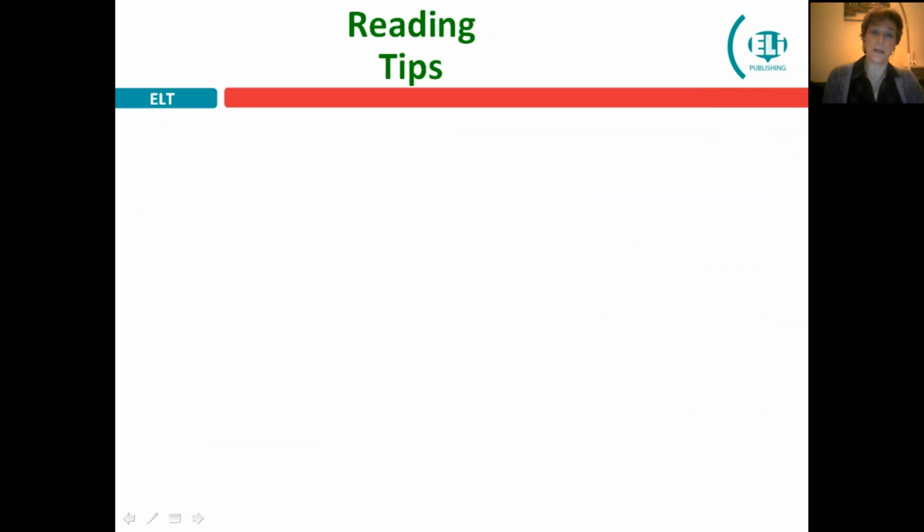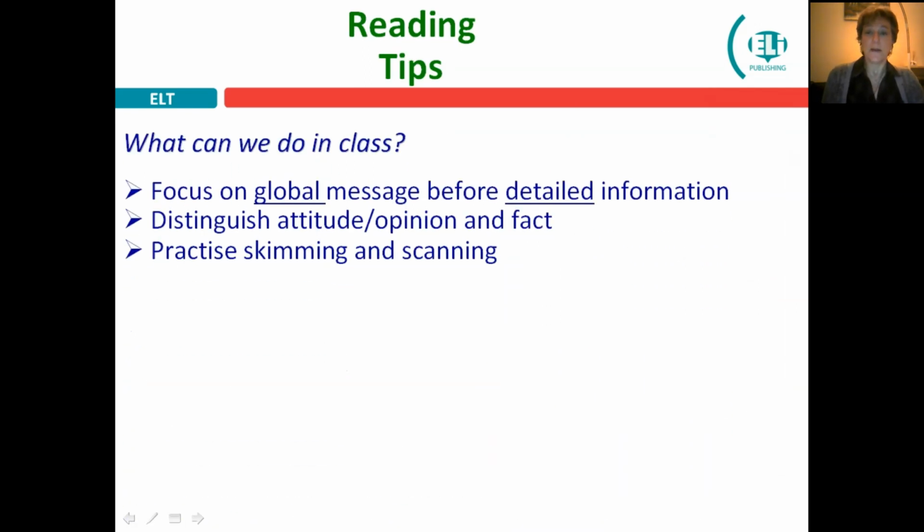So what can we do in class? First of all, get them to focus on the global message before they look at detailed information, and particularly if they're looking at question 5. But the first activity to do is actually read the text first so that they put it into some kind of perspective. Then they start distinguishing attitude and opinion from fact.